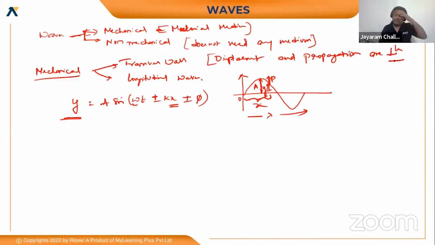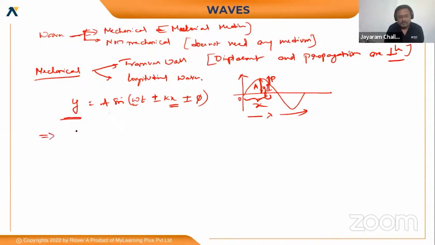Okay, now coming to longitudinal waves, the vibration will be in the direction of propagation. So both of them will be in the same sort of fashion for you. This is your basic thing.